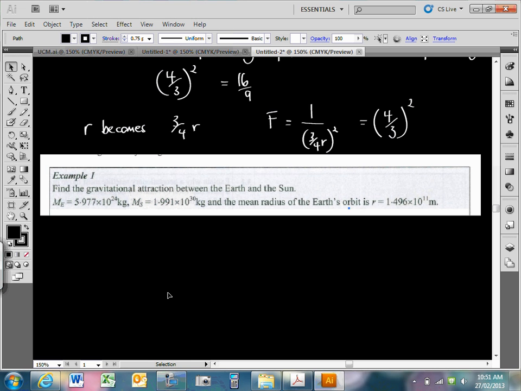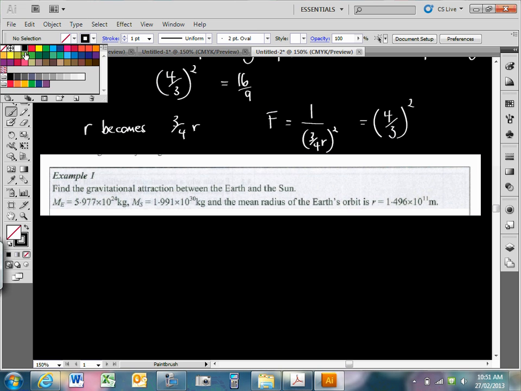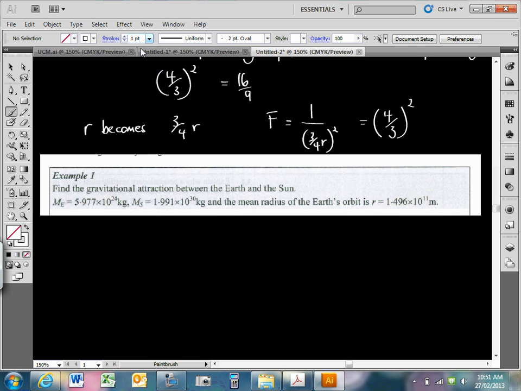This one isn't so hard, is it? What do we write first? We always start with your formula. Show the examiner or me, it makes it easier for me to mark as well, which formula you think you're going to use. Even if it's incorrect and you're just trying it out, write it in there. Use your scrap paper if you're in a test.